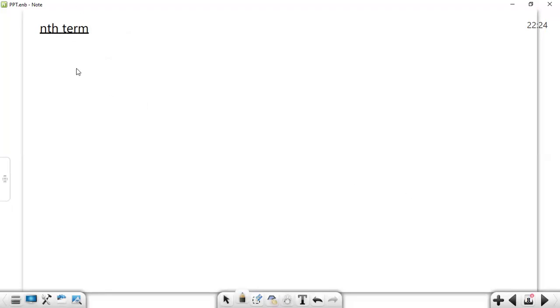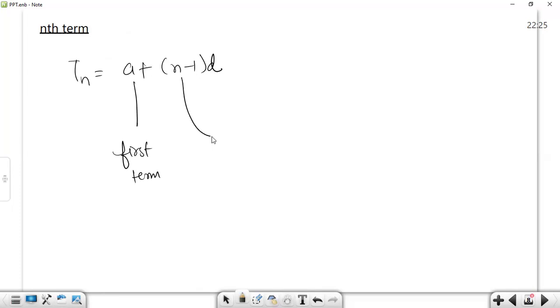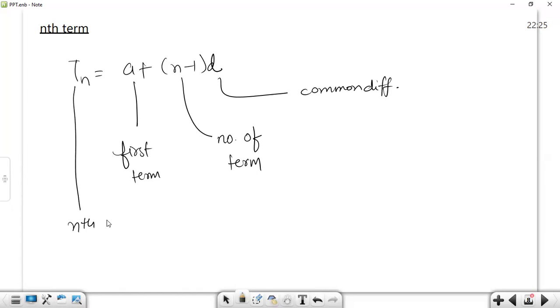So we have found out the formula of the nth term, which is a plus n minus 1 into d, where a is the first term of the AP, n is the number of the term that we have to find out, d is the common difference of the AP, and Tn is the nth term, which we have to find out.